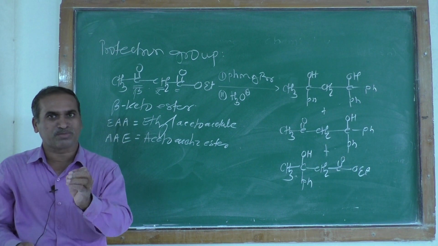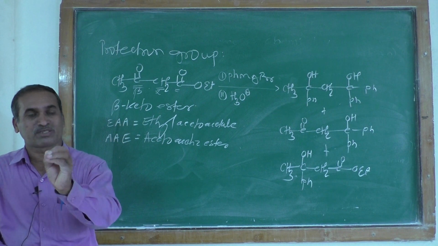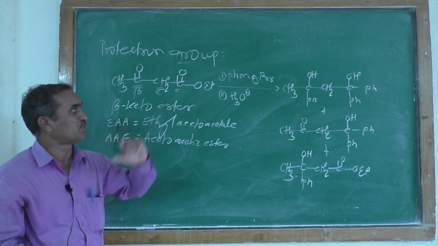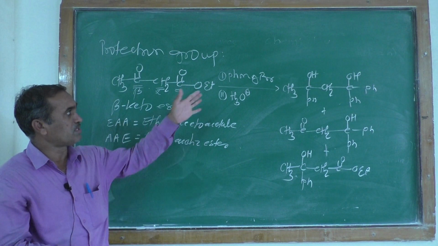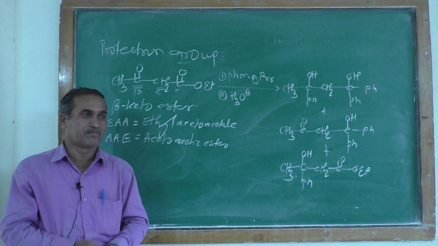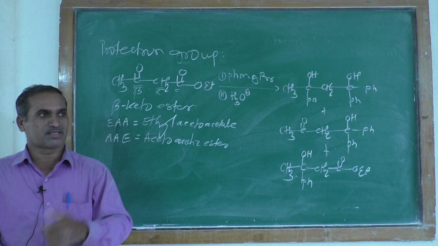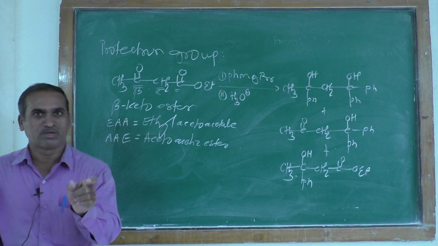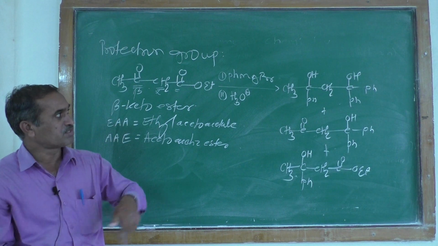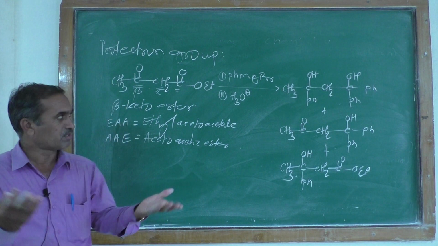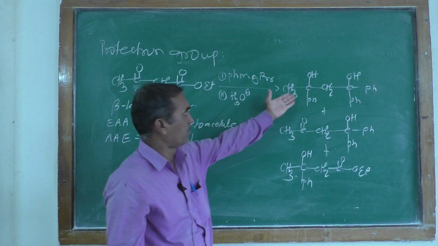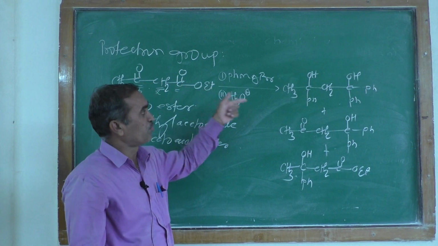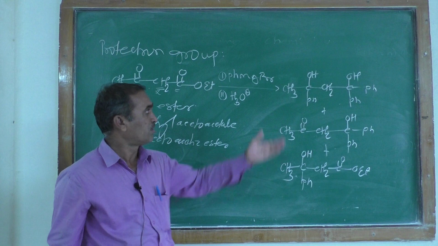A vigorous reaction takes place, and the resulting complex is called a Grignard reagent, PhMgBr, followed by hydrolysis. If treated with an aldehyde, we get a secondary alcohol, and if treated with a ketone it gives a tertiary alcohol. If treated with an ester also it gives a tertiary alcohol, and that's why here this is a tertiary alcohol, and this is also a tertiary alcohol, meaning both functional groups get converted into tertiary alcohols.